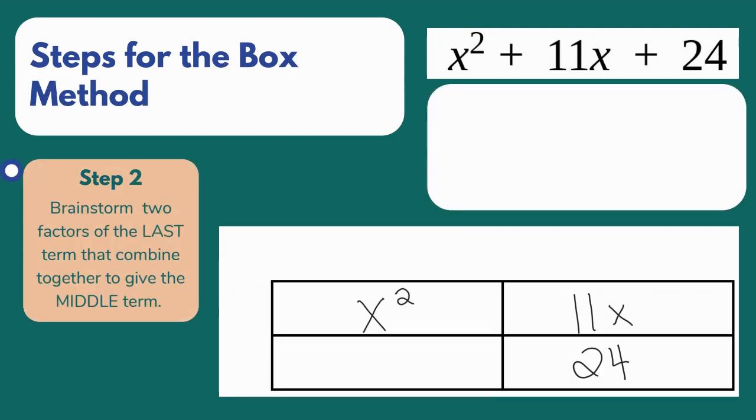All right, so here's when factoring really comes in. Step 2 says we will brainstorm 2 factors of the last term that combine together to give the middle term. Okay, so let's look at the last term in our problem. The last term is 24. This is the term that comes last in our problem, and it is the term that is a constant, so it does not have a variable.